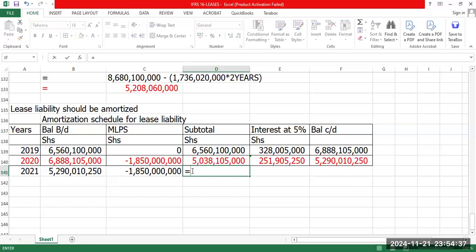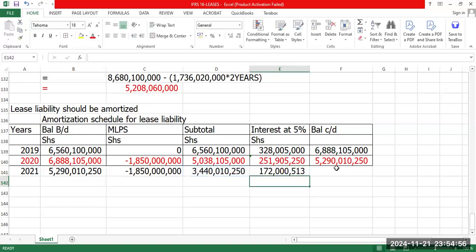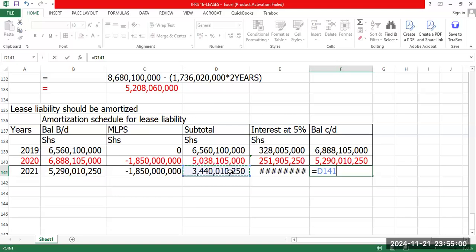Then subtotal, you get the balance brought down, then subtract minimum lease payment, the interest 5% times the subtotal. Then here you add this one plus this one.